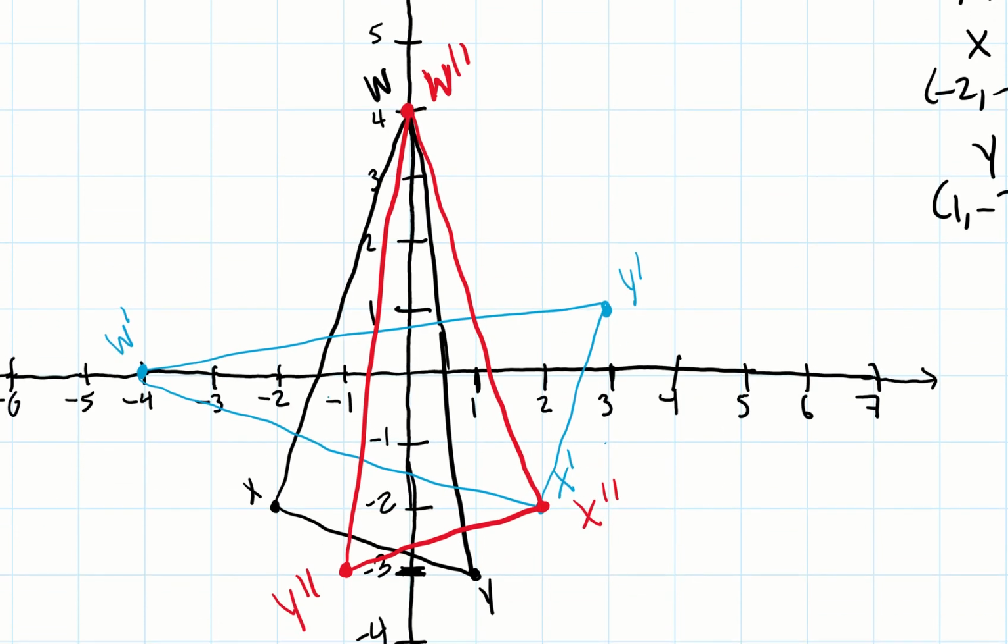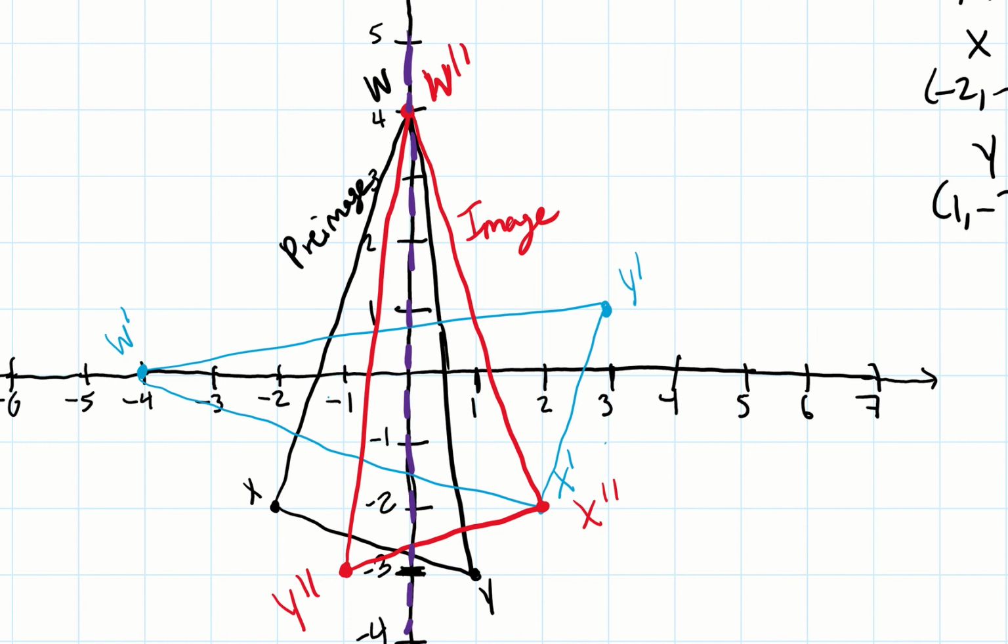All right, so as you can kind of see here, this red is my image. This black is my pre-image. So if we rotate 90 degrees counterclockwise and then reflect about y equals negative x, that's the same thing as taking this black pre-image and reflecting it about this axis right here.